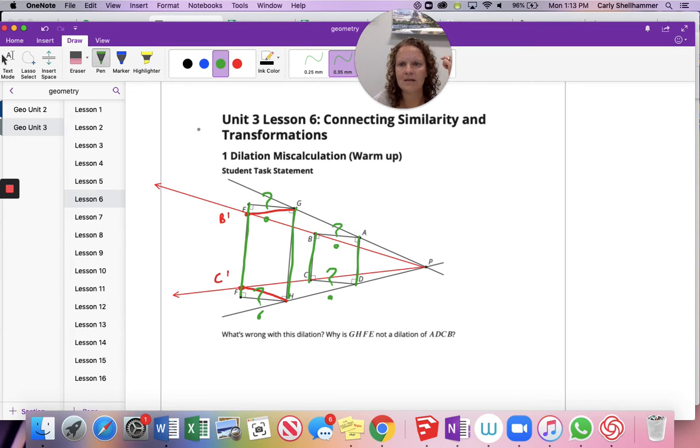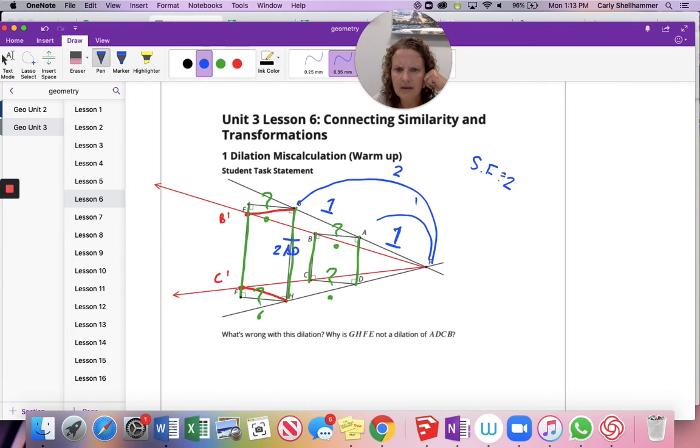So say P to A was 1 unit, and then P to G was double, so we went from 1 to 2, a scale factor of 2. That means that GH was twice AD, and BC was a measurement, so EF was twice BC.